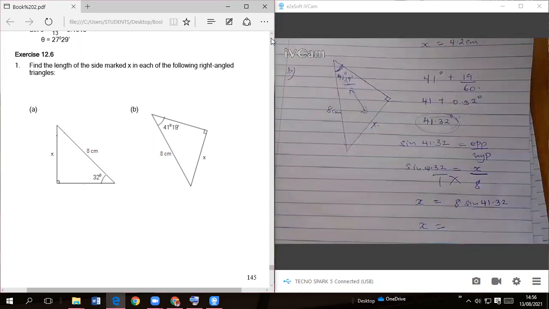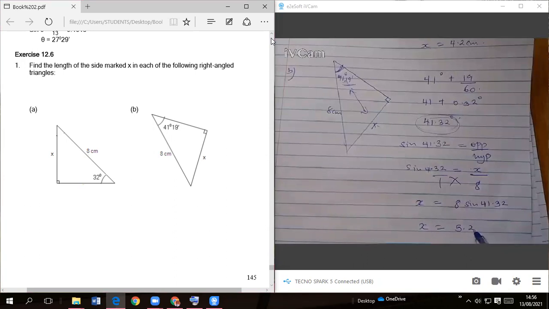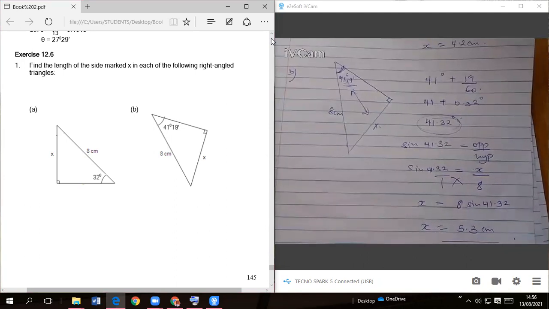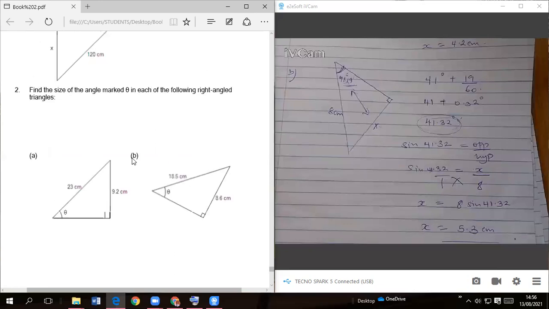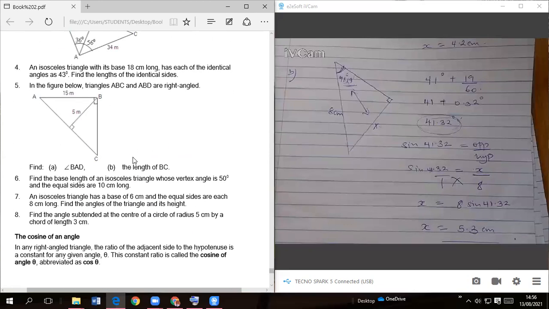So 8 sine 41.32, get 5.3 centimeters. Okay, simple. Let us go to another question. Let us do question number 5.